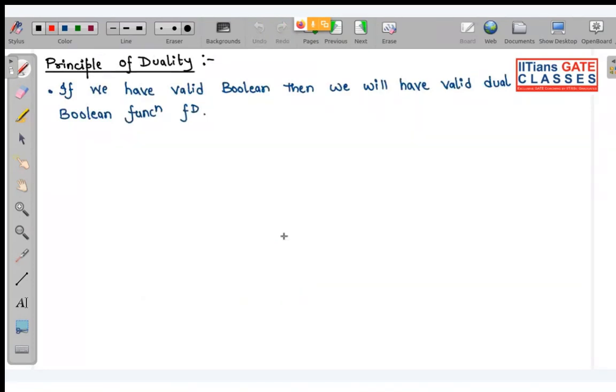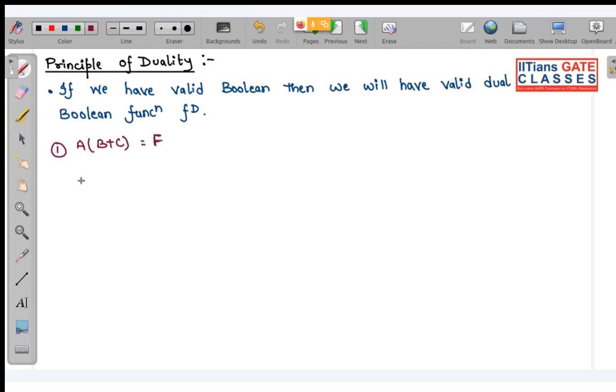What we mean by the principle of duality is that if we have a valid Boolean function, then the dual that we get will also be valid. For example, a few minutes ago we read this absorption law. Let me write it as capital F. This is my function.